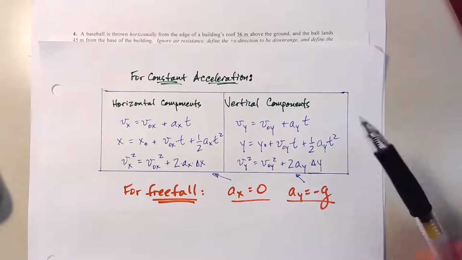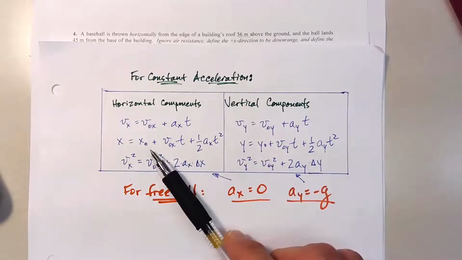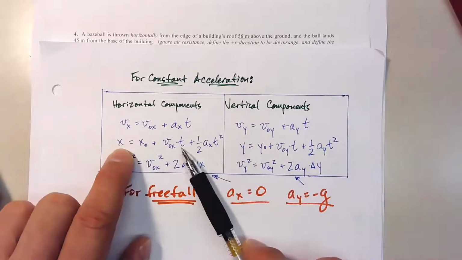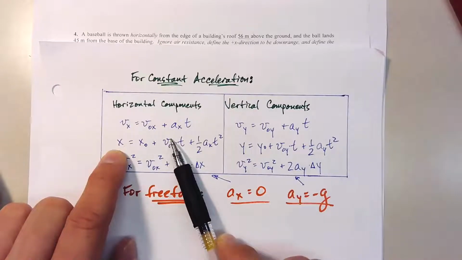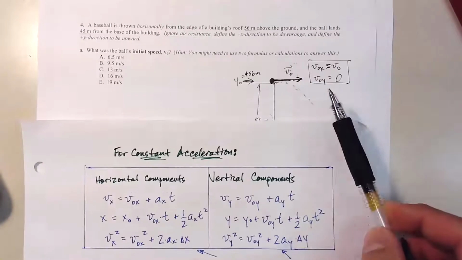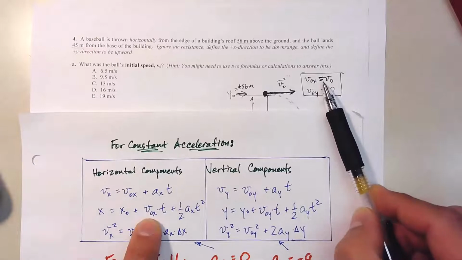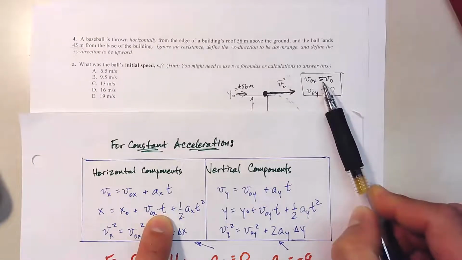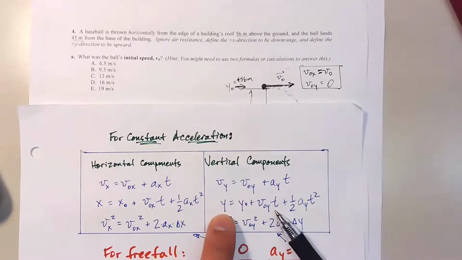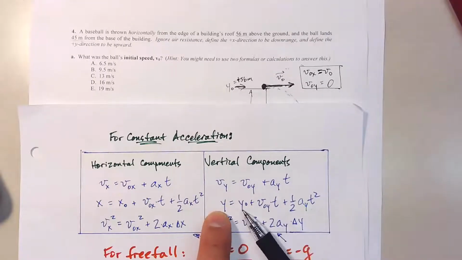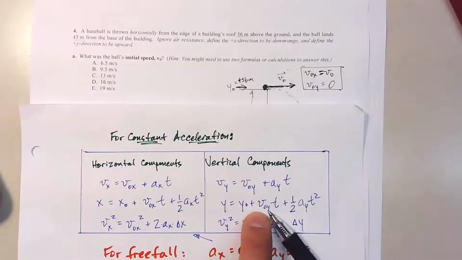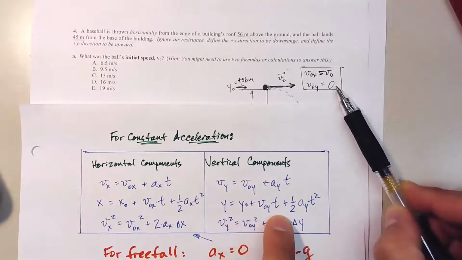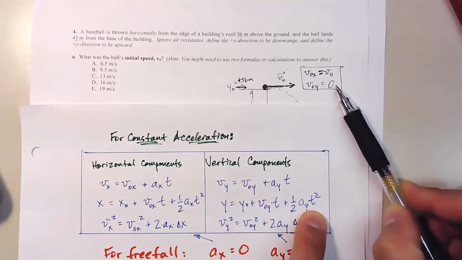We can find the time of flight. We can't find the time of flight initially from the horizontal equation. Although we do know the range, the initial launch velocity is not known. So we can't get the time of flight there. But we can get the time of flight from this equation. Height of the building, initial launch velocity 0, then I can solve for the time here.